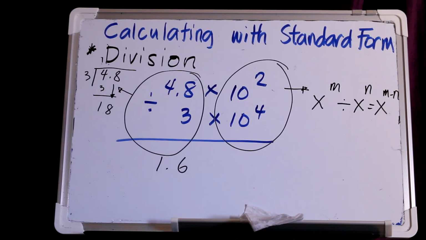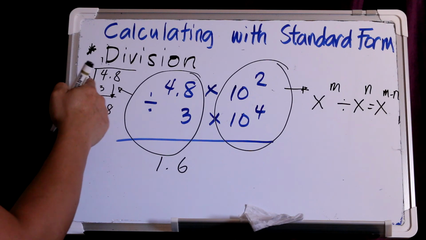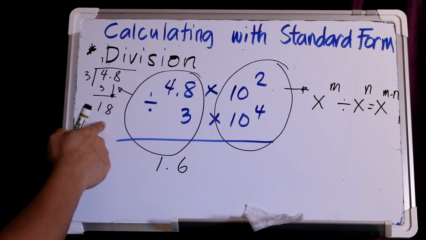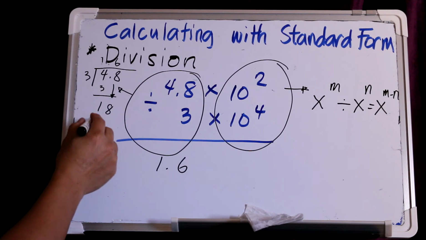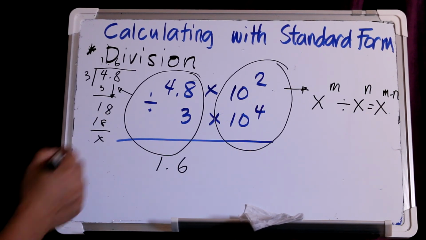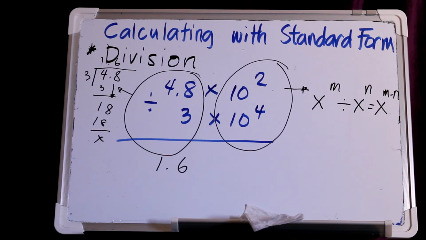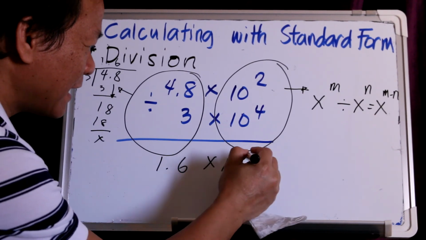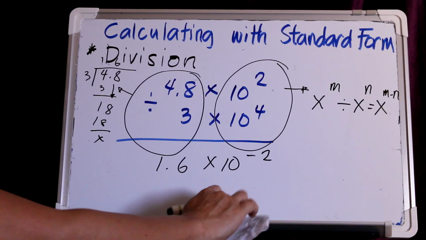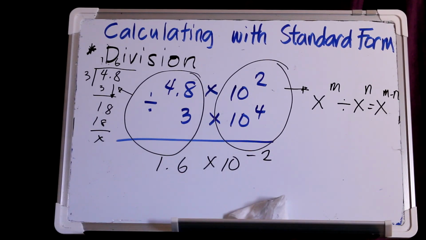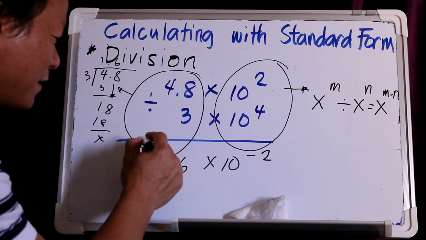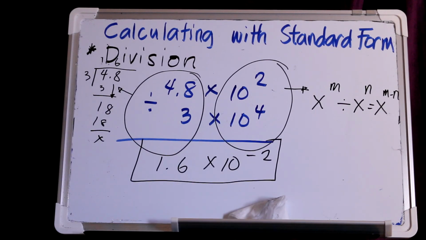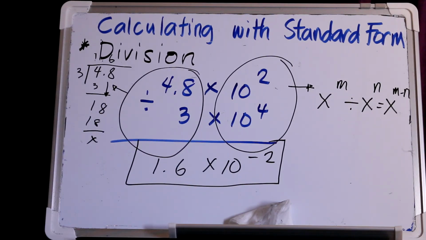What can multiply 3 to get 18 is 6. Alright, so that would be 18. That's what you are going to do. Then this one will have 10 to the power negative 2. So this is it. This is our answer.